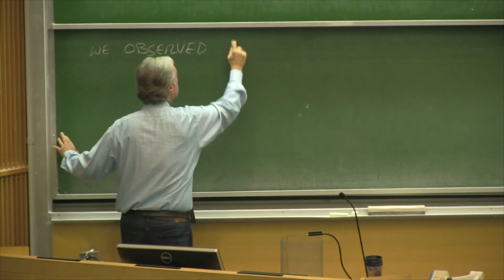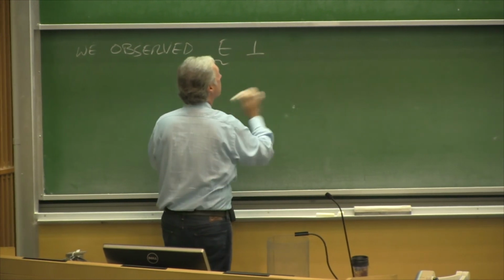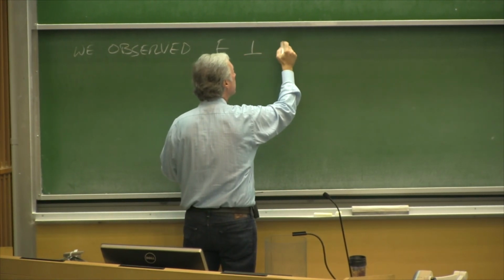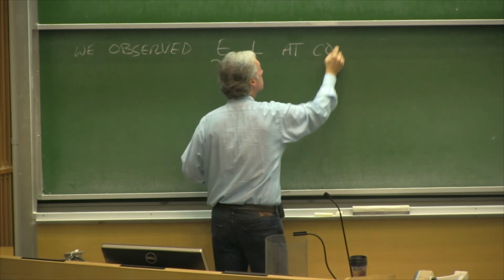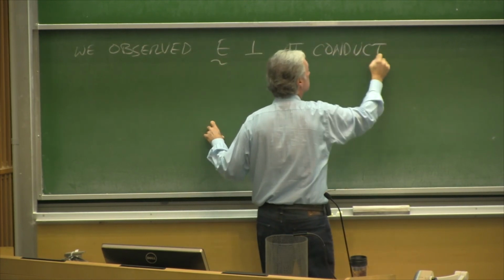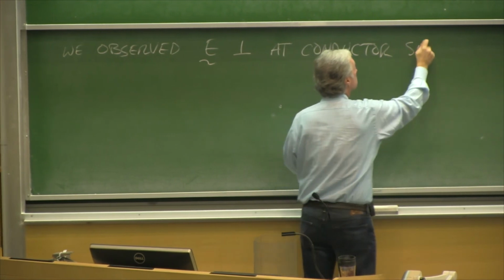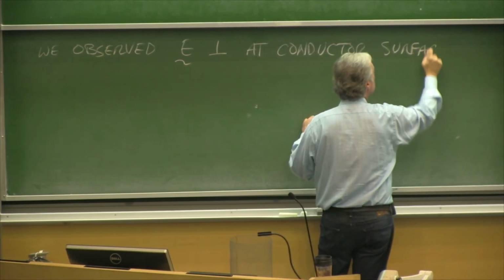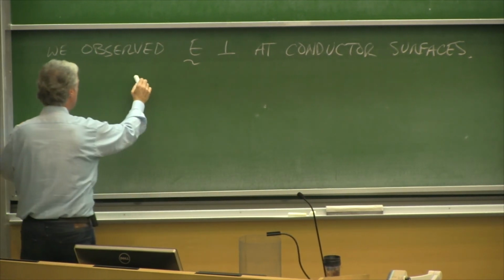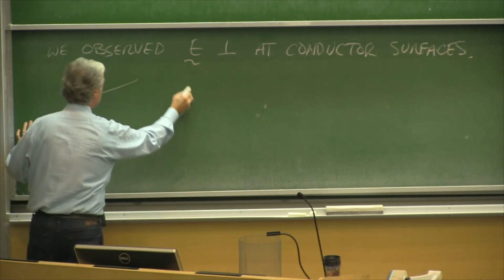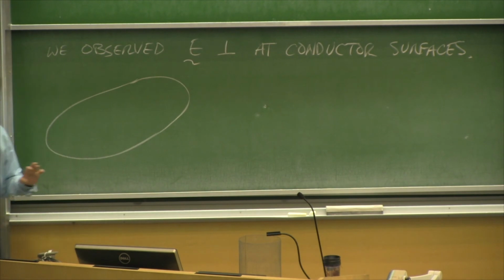So we observed that E is perpendicular to a conductor surface. So if we have some kind of conductor, there's a conductor.